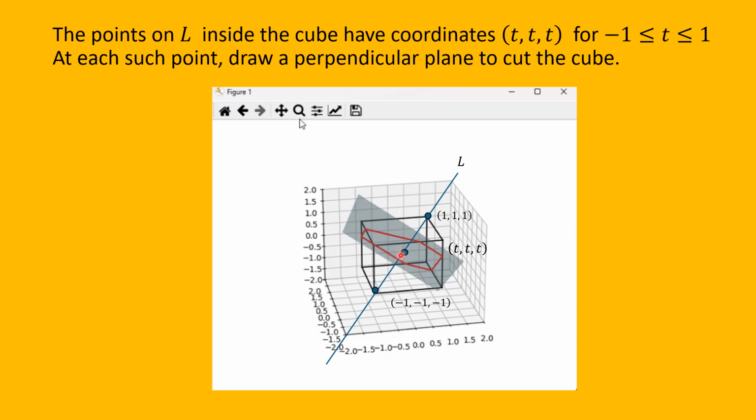For instance, let's suppose that right here is the point t, t, t. Down here at this vertex is -1, -1, -1, and up here is 1, 1, 1. So at each point t, t, t, draw a perpendicular plane to cut the cube, and then we have an intersection polygon inside this cube, the intersection of that plane perpendicular to L and the interior of the cube.